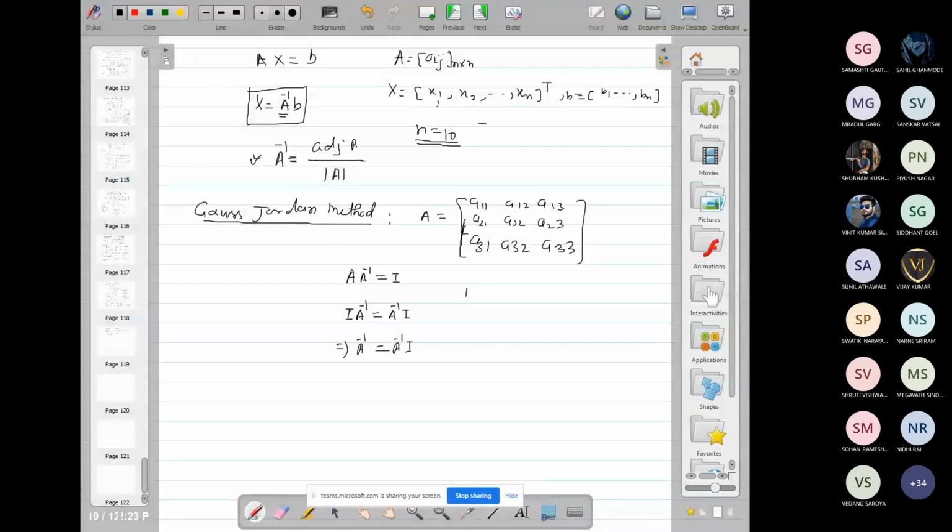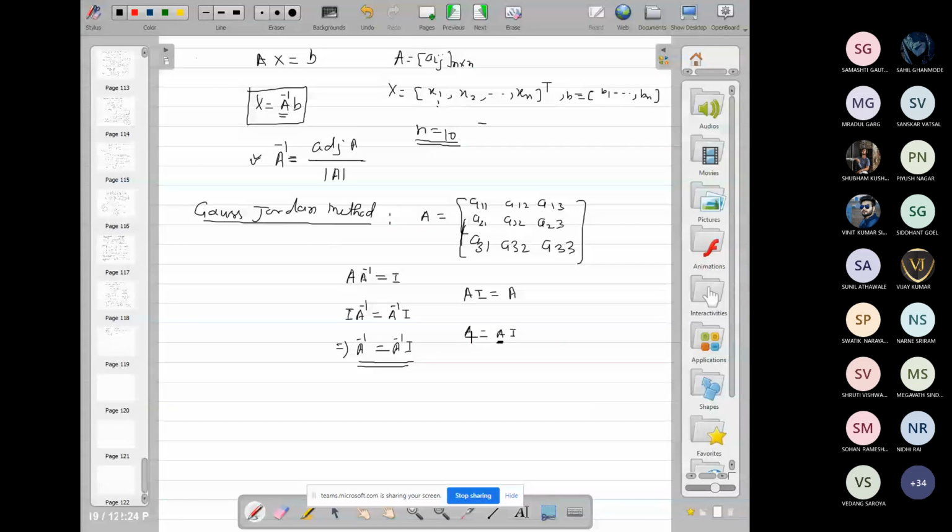Or we can write that A = AI. From this system of equations, we obtain A inverse, and A inverse is equal to A inverse I. So here we write A = A into I, and then we try to convert this matrix A into I. If this becomes I, then this becomes A inverse.